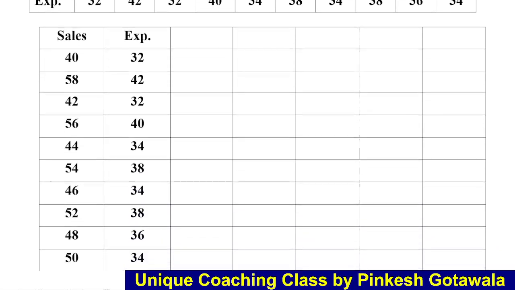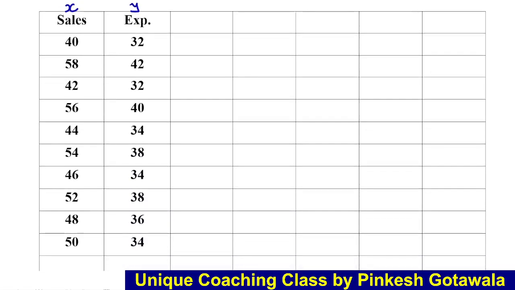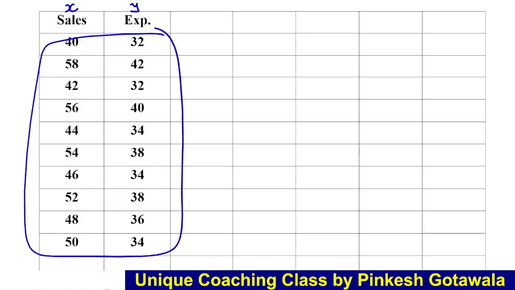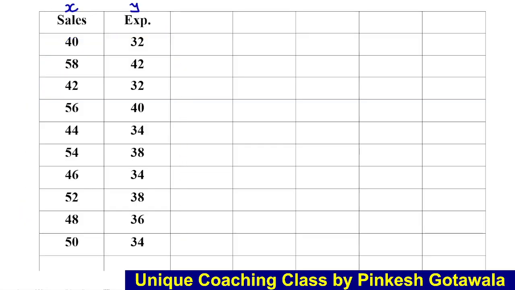Sales and expenses are given. So sales is X and expense is Y. We have to think about which formula we should apply, first, second or third. For the third, all values would need to be less than 20. Here not all values are less than 20, so third is not possible. So we have to think first or second. For that we have to find X bar and Y bar.